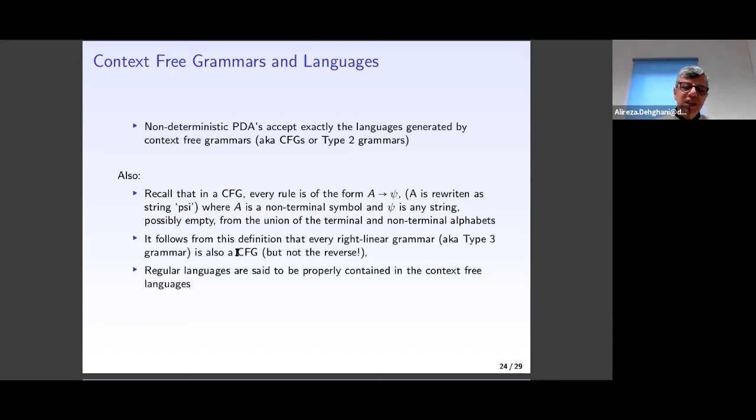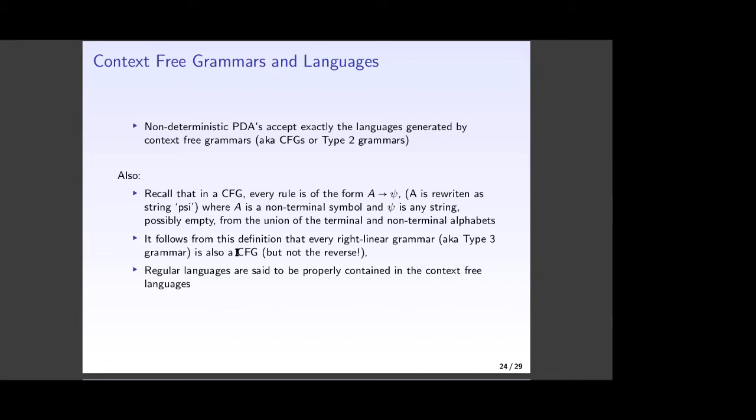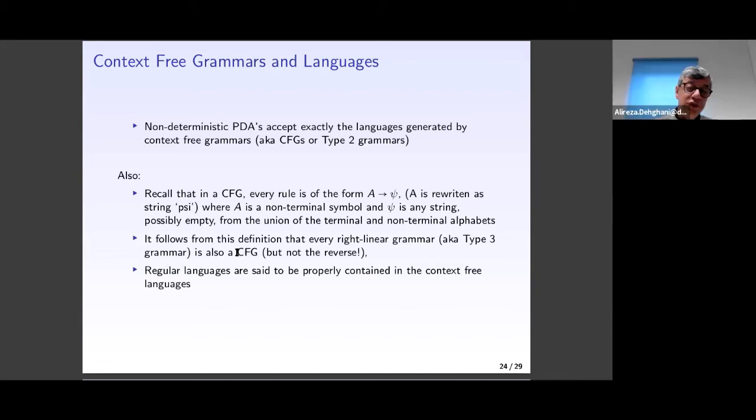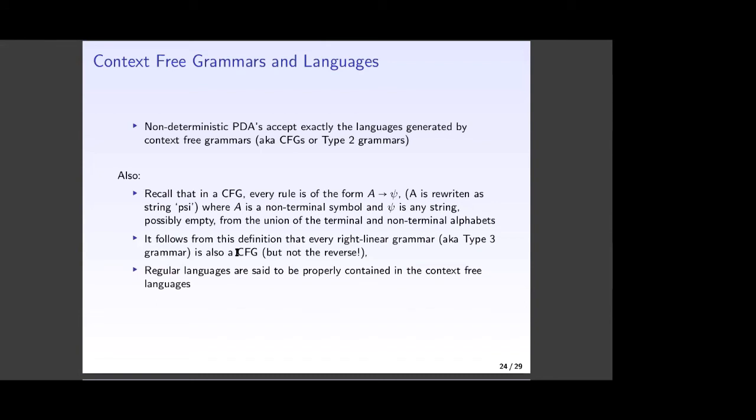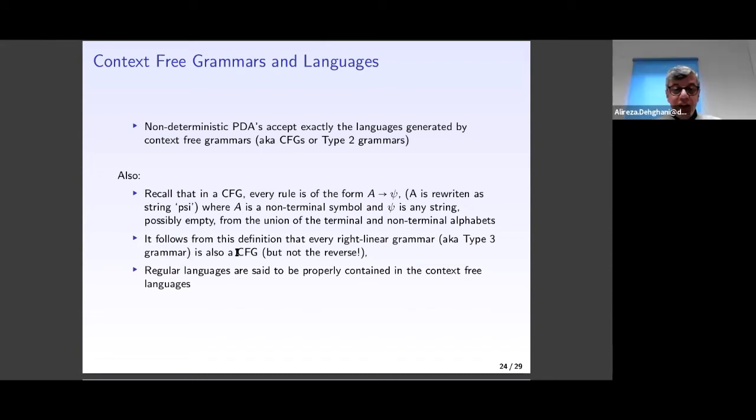It means a type 3 grammar can be considered as a type 2 grammar, because that's a subset of that. The reverse interpretation is not correct. Any type 2 grammar cannot be considered a type 3, right? But any type 3 grammar can be considered type 2. So any regular grammar, type 3 grammar, can be considered as a context-free grammar.